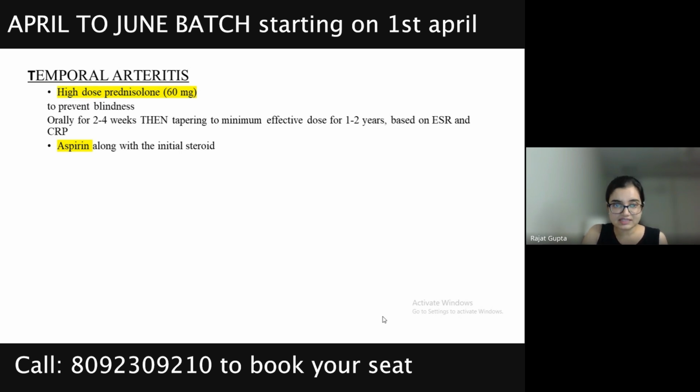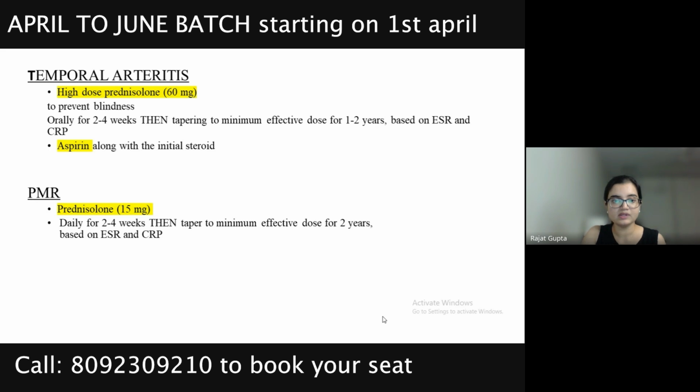But if it's just PMR, we can give a low dose of prednisolone. We don't need to give 60 milligram. And then we can taper it over some period of time based on how the inflammatory markers are. But the point to remember for your AMC exam is that temporal arthritis, it's high dose of prednisolone. If it's only PMR, you can give low dose of prednisolone.